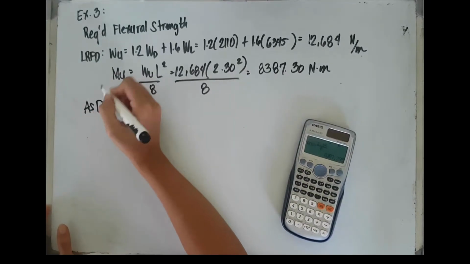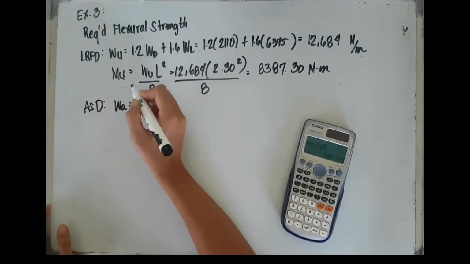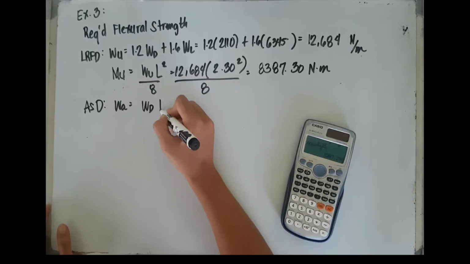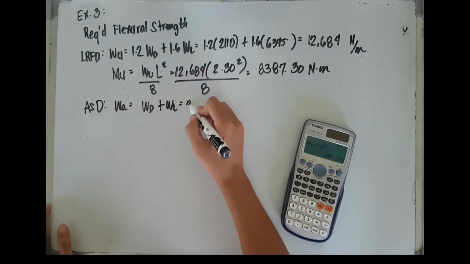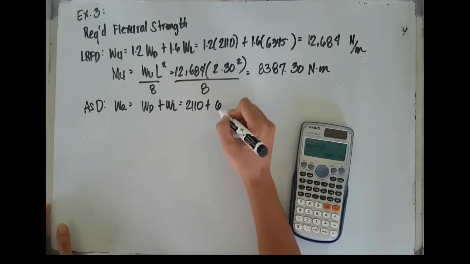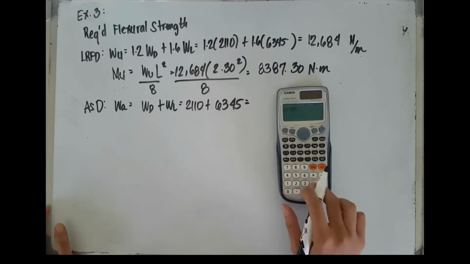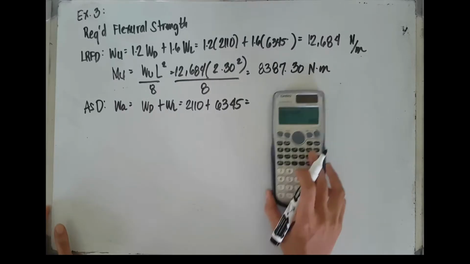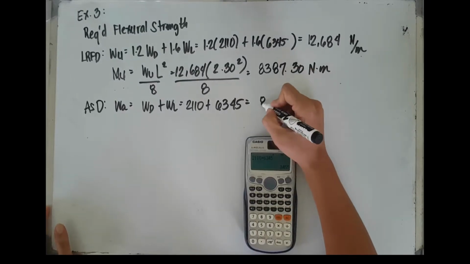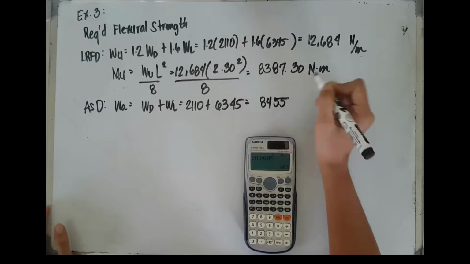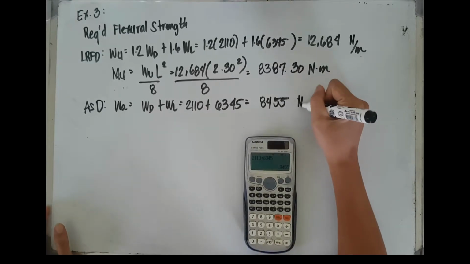And for ASD, the load is equal to 8,455 Newton per meter.